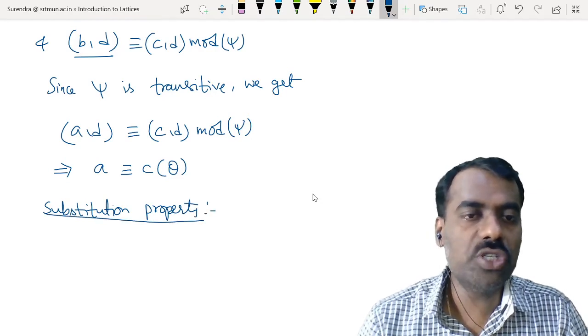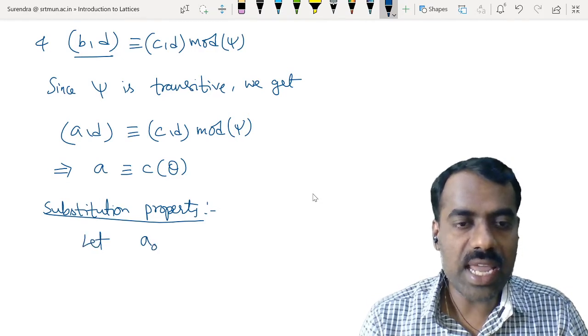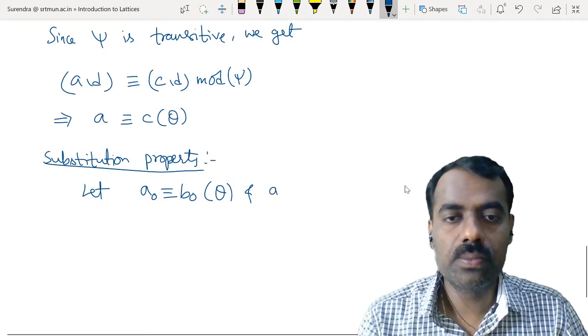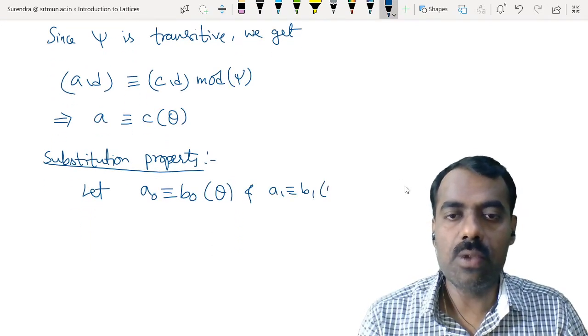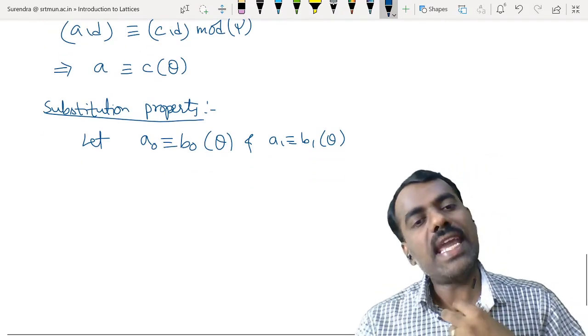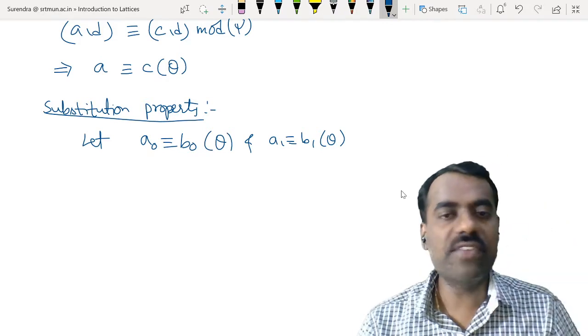So to prove that substitution property for theta, what should we start with? Let's call it A0 is congruent to B0 modulo theta, and A1 is congruent to B1 modulo theta. Somehow we want to show that A0 meet B0 is congruent to A1 meet B1, and similarly for join.